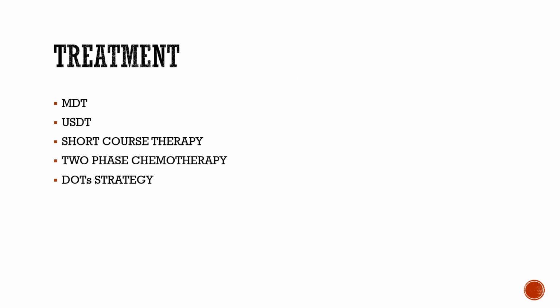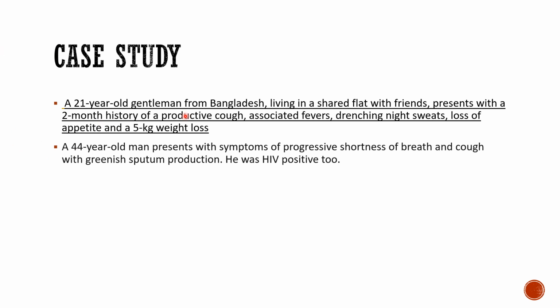So we'll go into the case study here. I have given two cases which indicate tuberculosis. One says about a 21-year-old gentleman from Bangladesh, which is a developing country, living in a shared flat with friends. Shared flat with friends, so either of them can have an infection.